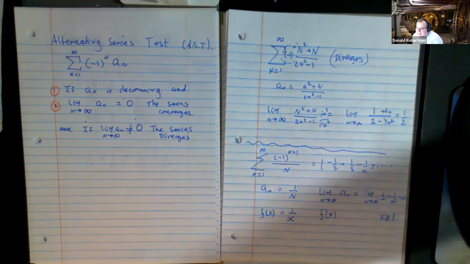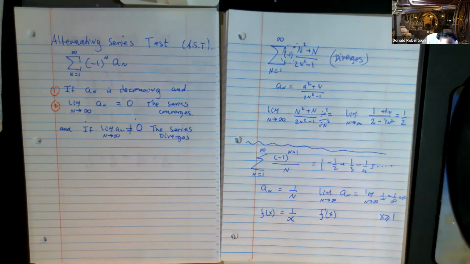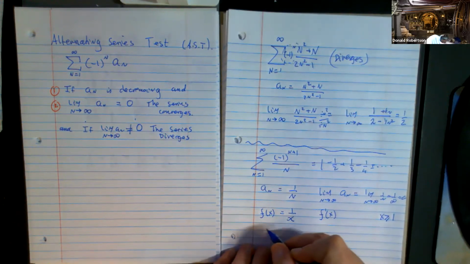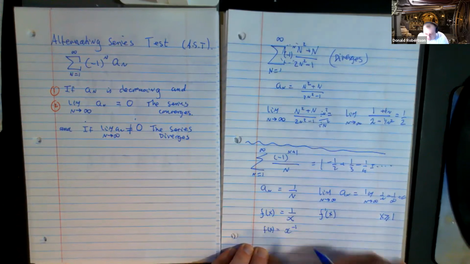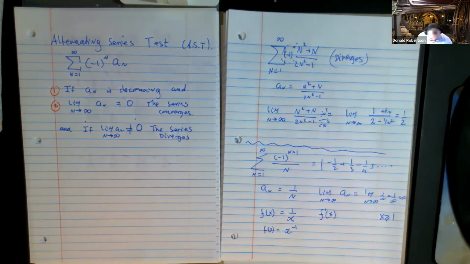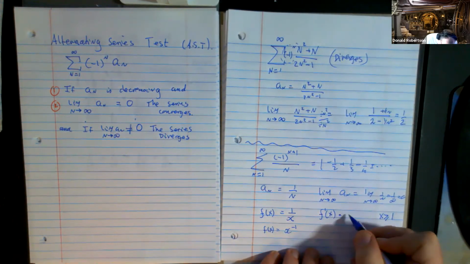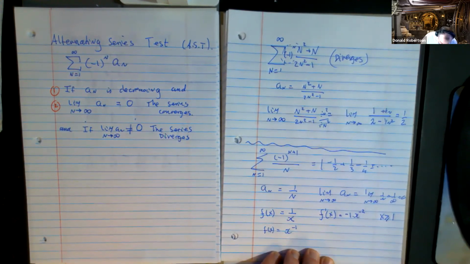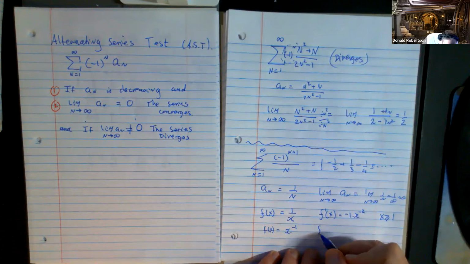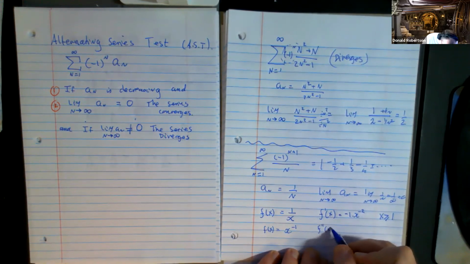Because 1, 2, 3 are the n's that get used. In this case here, to be able to differentiate it, don't I need to write it as x to the -1 so I can use the power rule? And that ends up being -1 over x squared, right? Multiply by the power, reduce it by 1, make it look pretty.